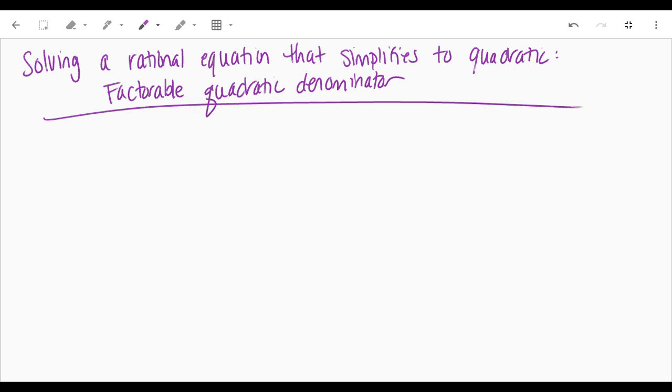Okay, so go through the steps for one of these. You've got negative 10. We've done these when they simplified to be linear.